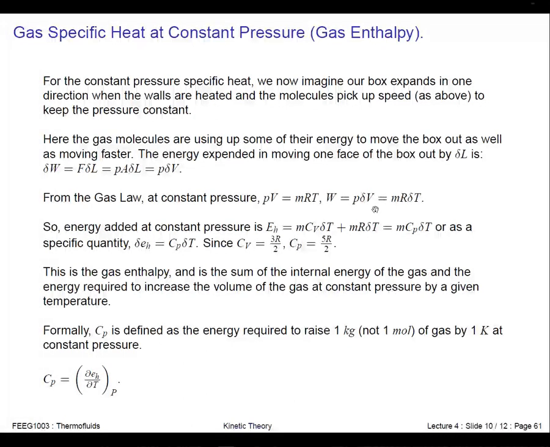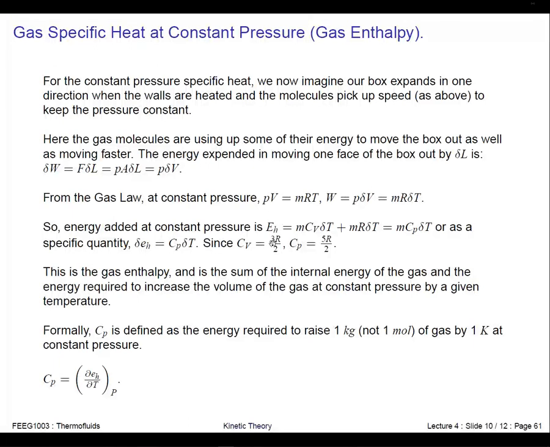So P dV is equal to mR dT. Okay, so the small element of work done by the gas is actually equal to mR dT.